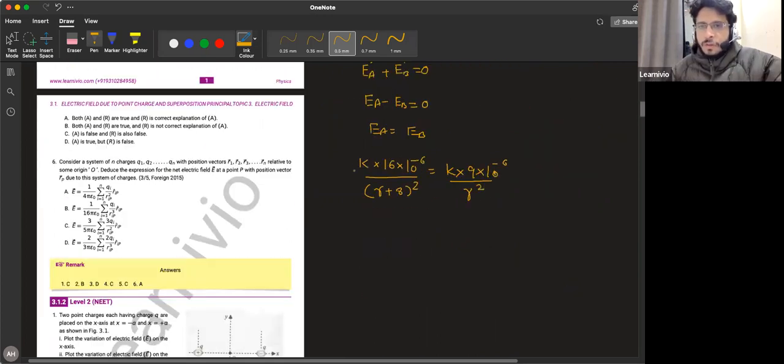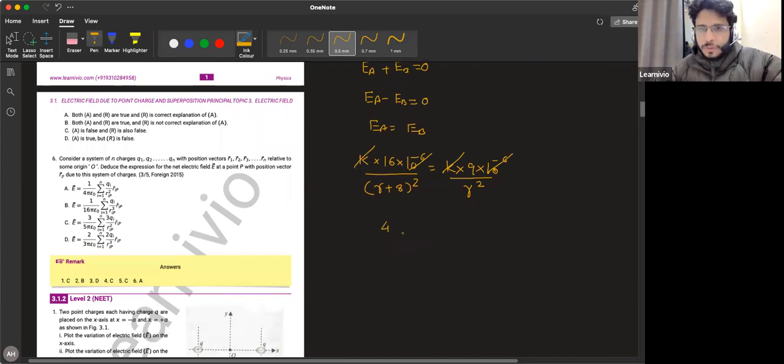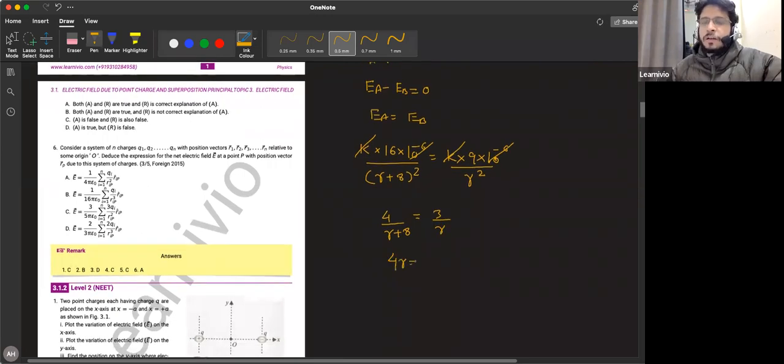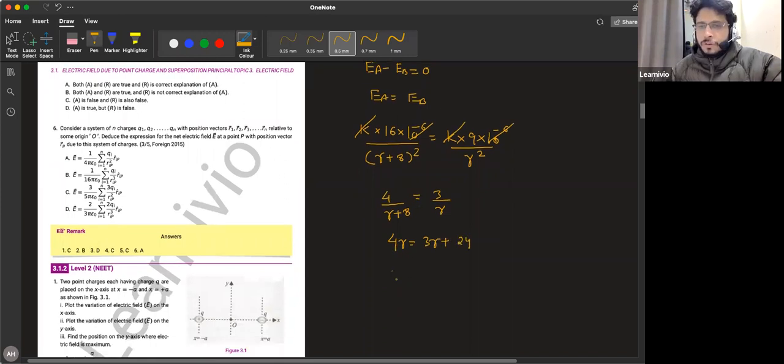Now this K will cancel this K. This 10 raised power minus 6 will cancel this 10 raised power minus 6. You can take roots on both the sides. You will get 4 by R plus 8 is 3 by R. So when you cross multiply them, this is 4R is 3R plus 24. Okay, 3 into R and 3 into 8. So you have R equal to 24 centimeters.